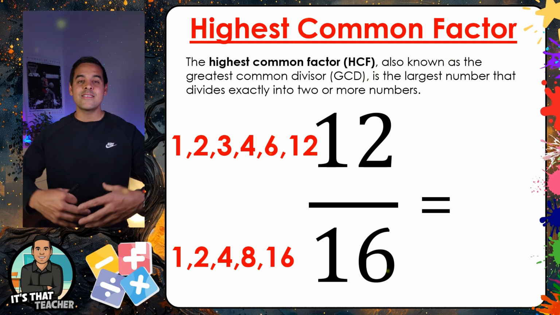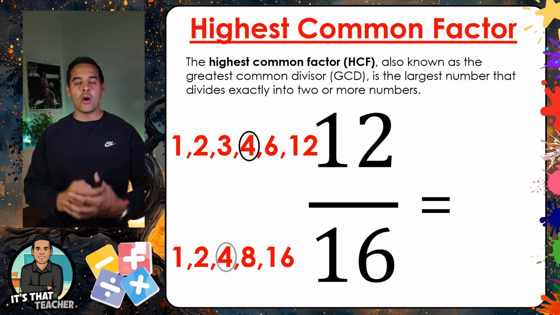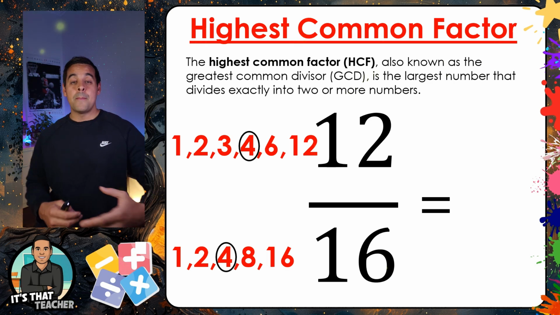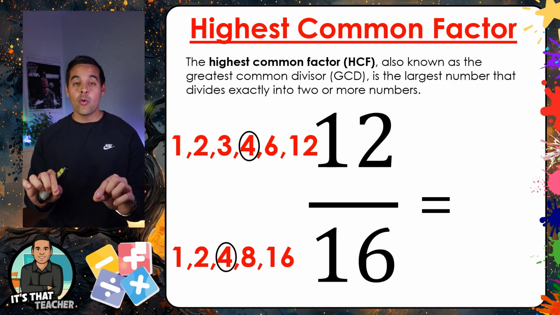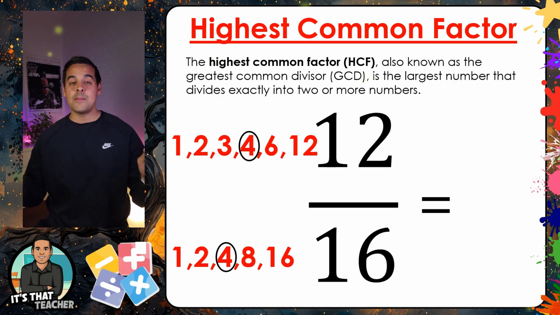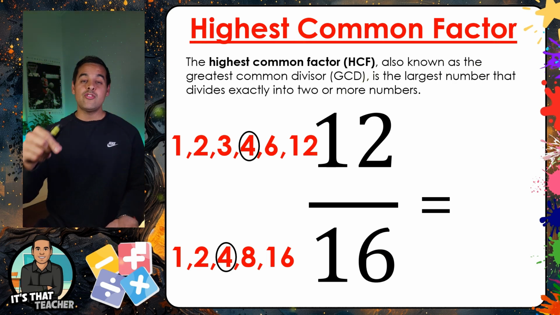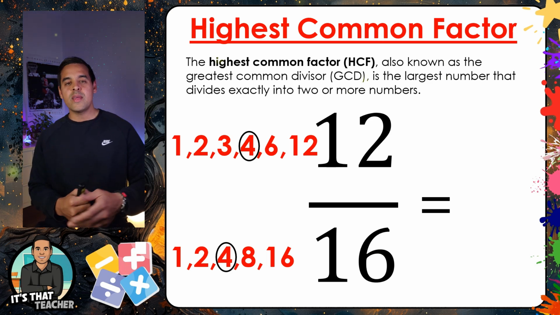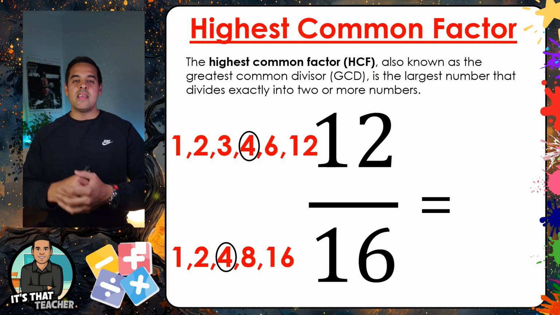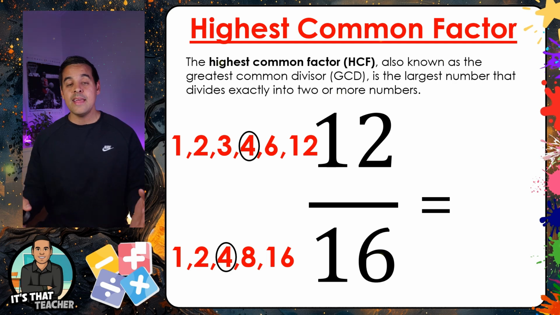So the highest common factor here is going to be 4, because 4 is the highest number that can be divided evenly into both numbers. The reason we can't use 8 or 16 is because 8 cannot be divided evenly into the number 12. So the highest common factor here is 4.